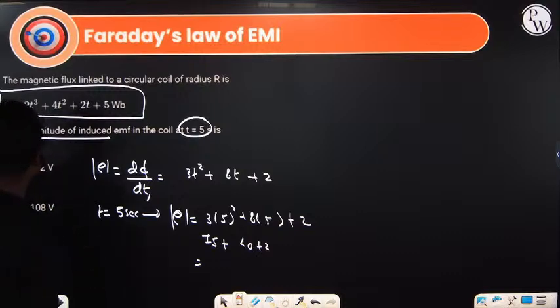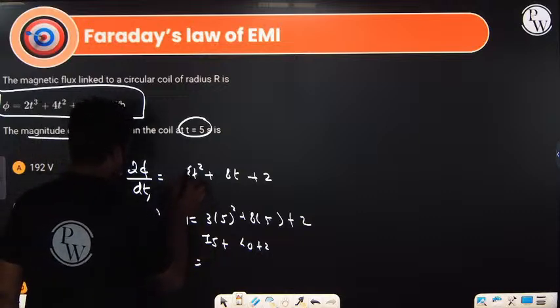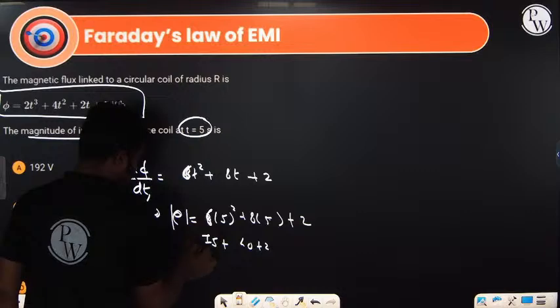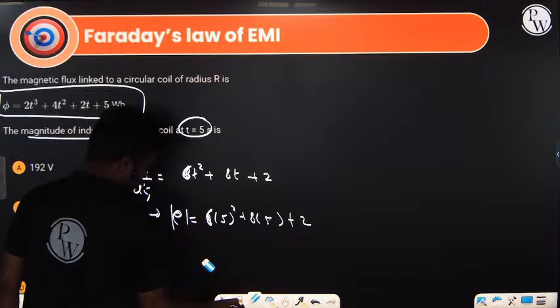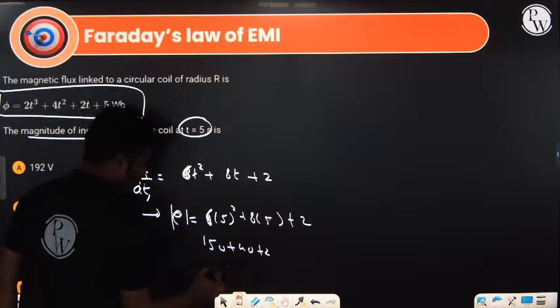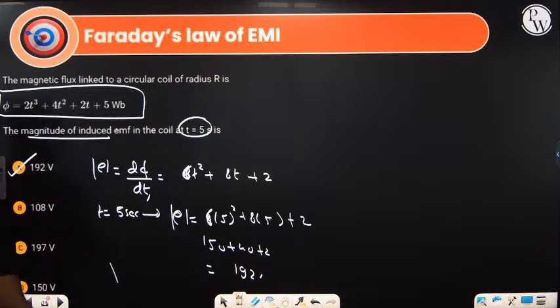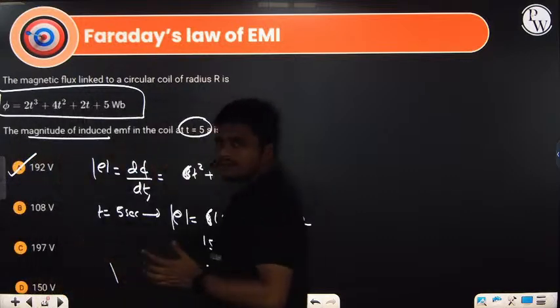Sorry, this is 2t, so this will be 6, not 3t square. So this is 150 plus 40 plus 2. What we got here is 192 volt. The answer is option A. So a simple question, that is E is equal to d phi by dt.